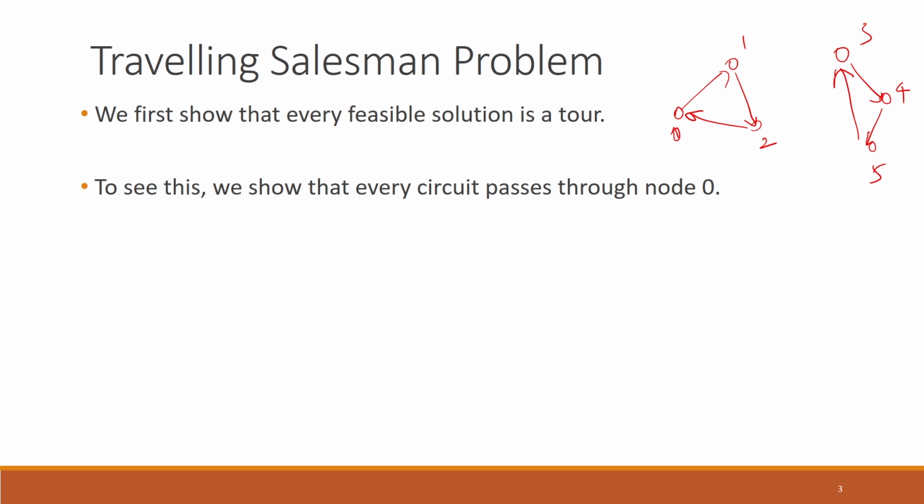So, in this solution we have two subtours now. There is one subtour starting from node 0, then going to node 1, 2 and then back to 0, and then on the right side we have another subtour that is going from 3 to 4, node 4 to node 5 and then back to node 3. So, these two subtours satisfy that condition. For every node there is exactly one incoming link and exactly one outgoing link that is selected as part of the solution.